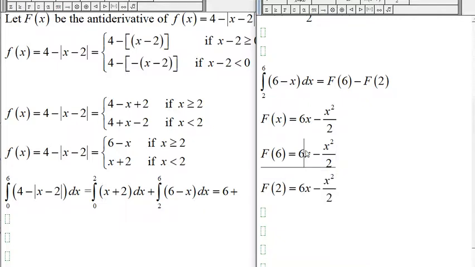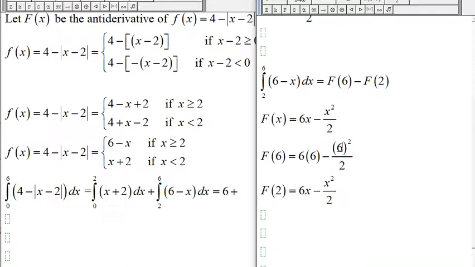At 6, we have 36 minus 36 divided by 2, which is 18, so 36 minus 18 is 18. At 2, we have 12 minus 4 divided by 2, which is 2, so that's 10.